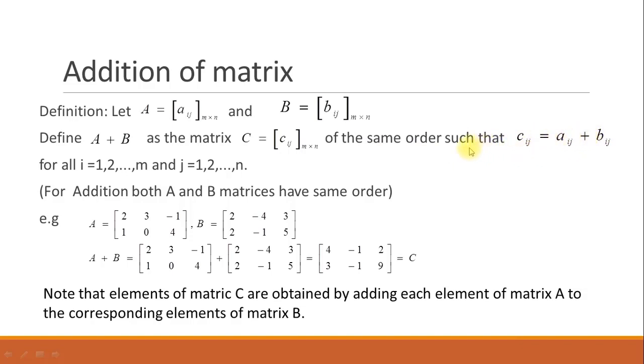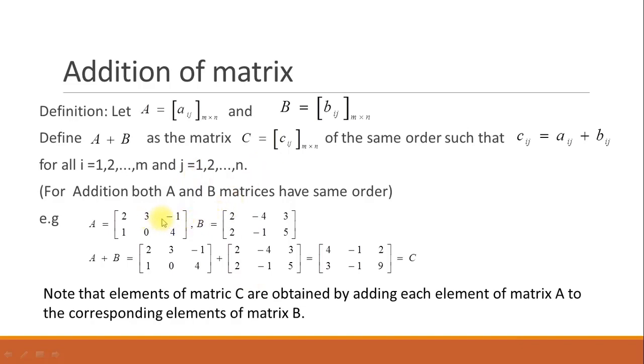This notation means that when we add two matrices, the corresponding element of matrix A will be added to the corresponding element of matrix B. So for addition, dear students, note that the order of the matrices will be the same, and then when we add two matrices, the corresponding elements will be added.